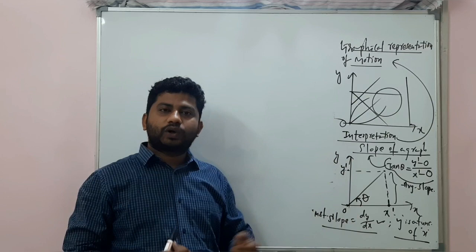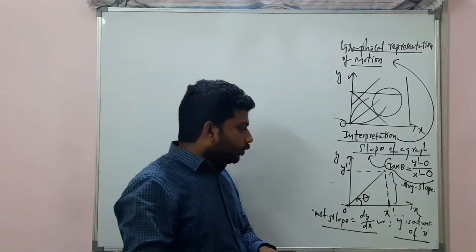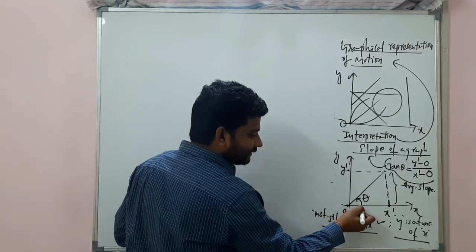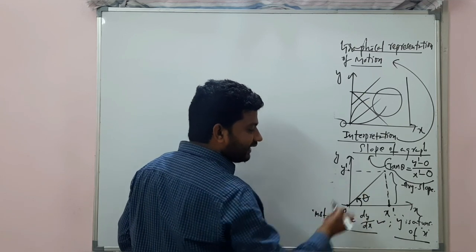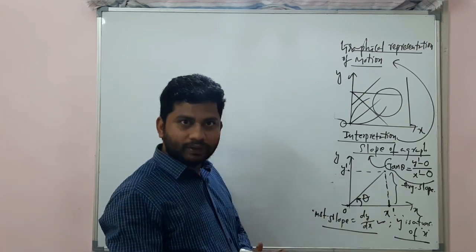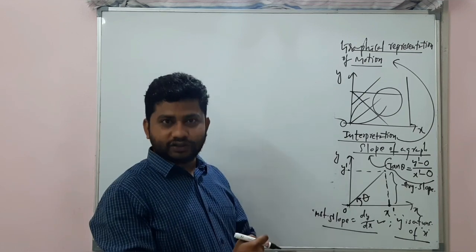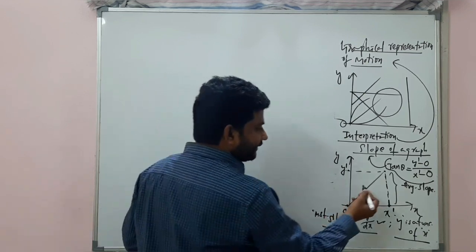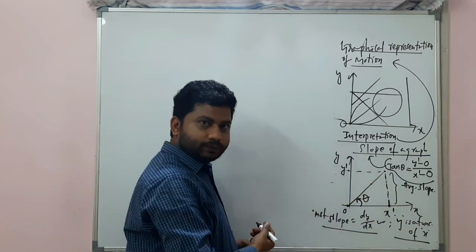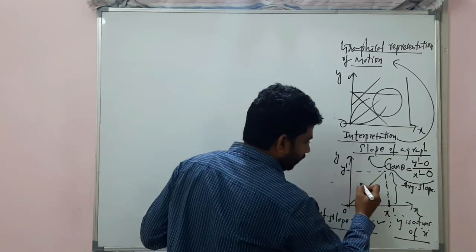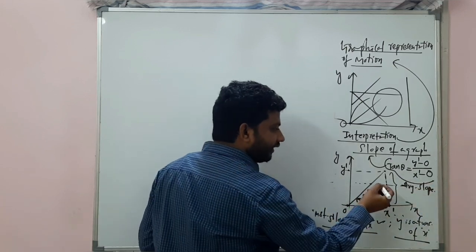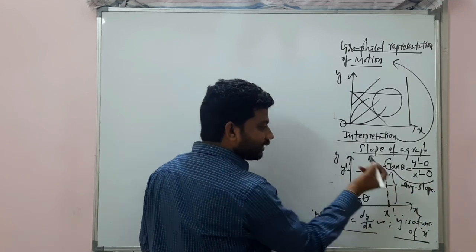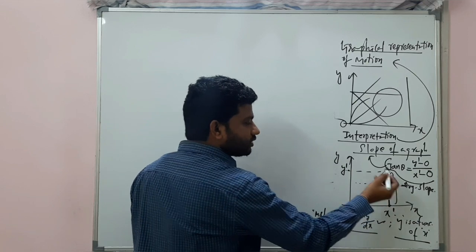Let's look at the slope concept. I have told you that from the x-axis in the anti-clockwise direction to the graph line, if you find the angle, that's called the slope. At any point you can find the slope. Look here, at this point if you want to find the slope, carefully see. Imagine drawing an x-axis here and find the angle. So this is the graph representing a constant slope.